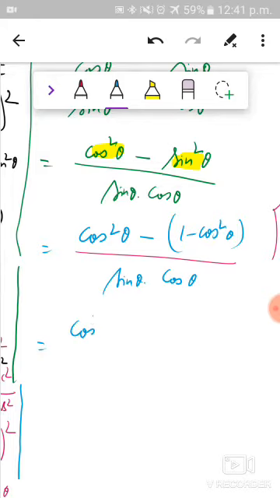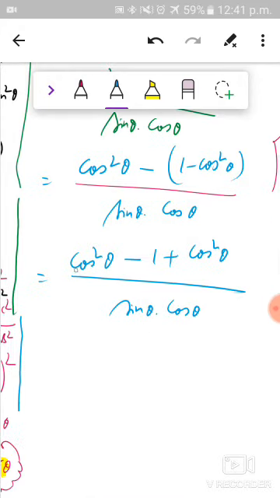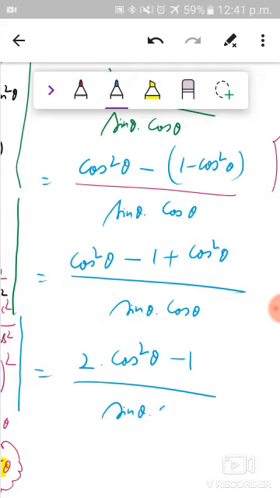Now cos square theta minus, opening the bracket, minus 1 plus cos square theta. Solving, 1 cos square theta plus 1 cos square theta is 2 cos square theta, minus 1, by sin theta multiply cos theta.